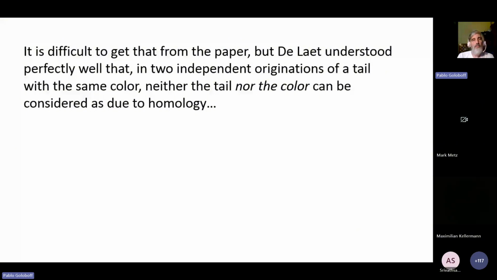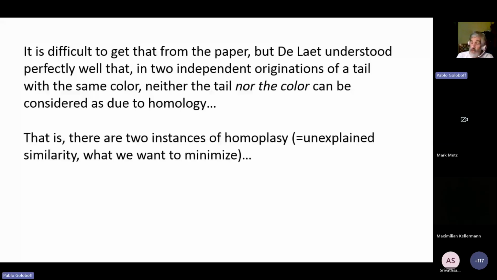And I think this is the most important aspect of the problem that most people were missing before. That is, when two tails of the same color originate in two different parts of the tree, there are two instances of homoplasy, that is to say, unexplained similarity, what we want to minimize. One of those instances of homoplasy is for the tail, the other is for the color.